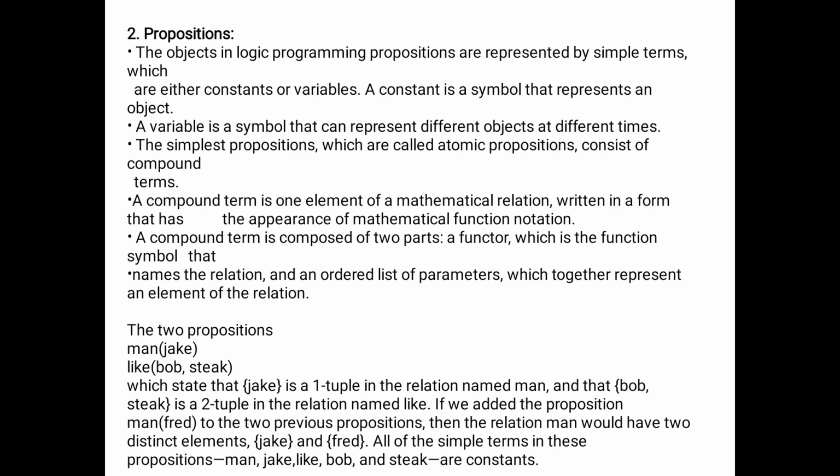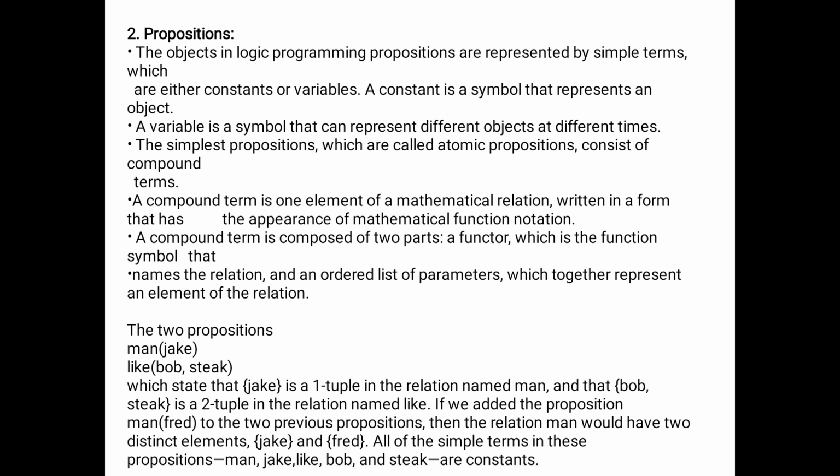Propositions. The objects in logic programming propositions are represented by simple terms, which are either constants or variables. A constant is a symbol that represents an object. A variable is a symbol that can represent different objects at different times. Simple propositions, which are called atomic propositions, consist of compound terms.